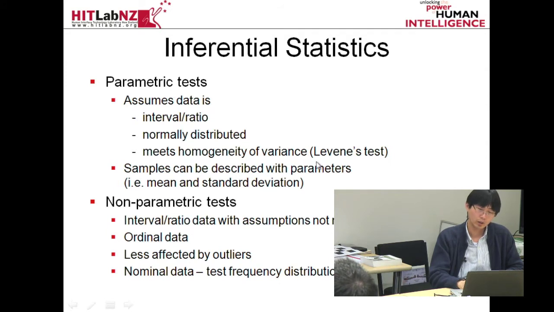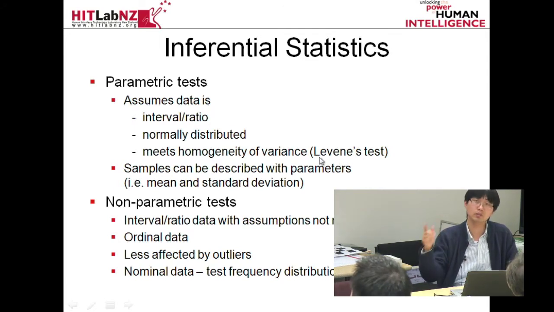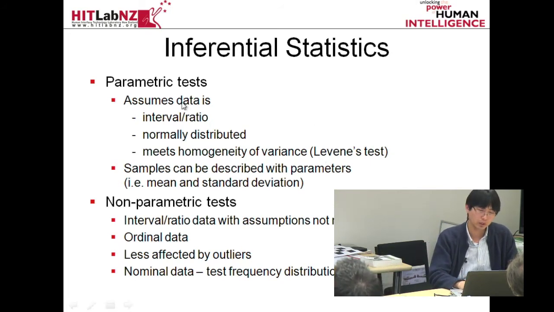In that case, you cannot really use the parametric test. To check that, there is a test called Levene's test. But in many cases, statistics tools such as SPSS take care of this test as a part of running the parametric test, so you don't have to worry that much about this.